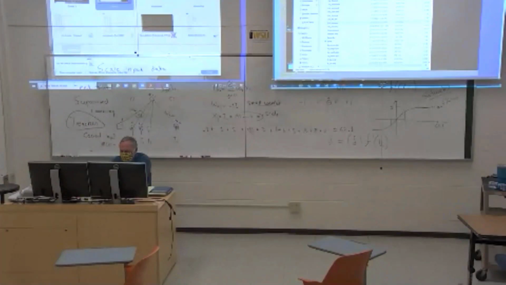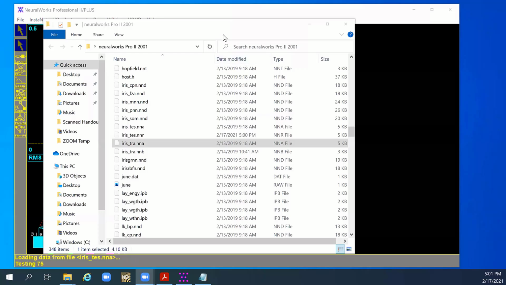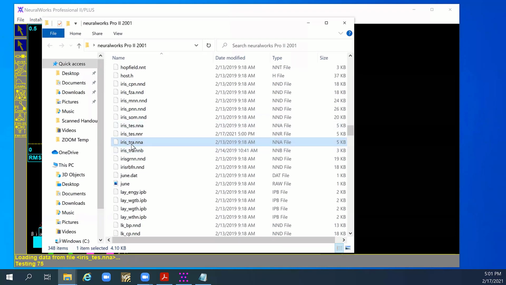Share screen. All right, so this is where I went into File Explorer and found iris underscore train. This is the training data set. That looks like this.